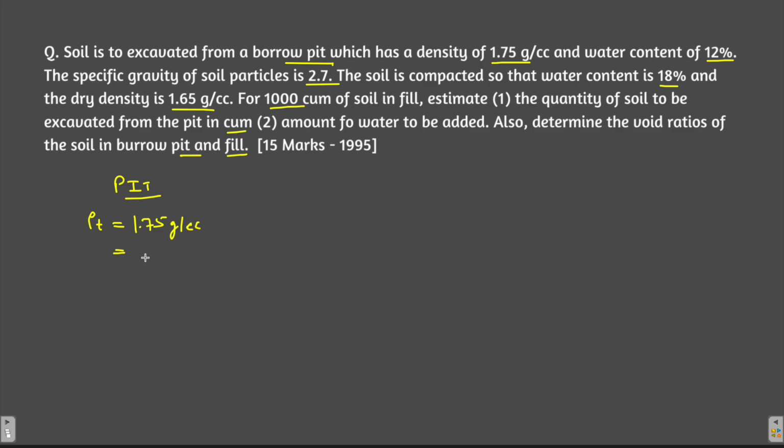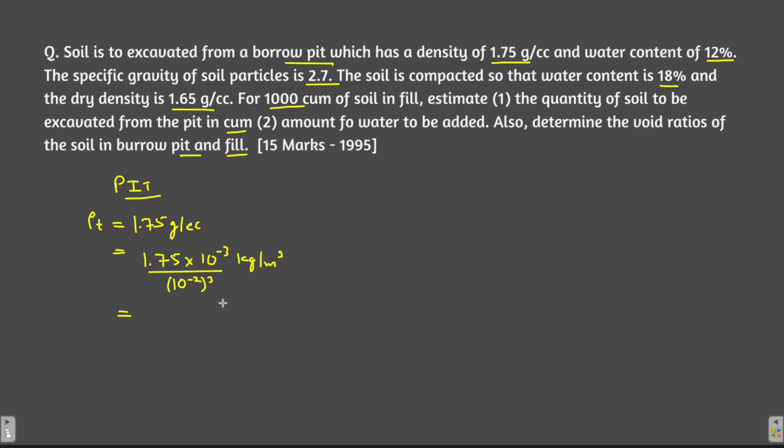So let's convert. 1.75 grams can be converted to kg by 10 to the power minus 3, right? And centimeter cube you want to convert to meter cube, so centimeter to meter is 10 to the power minus 2, and it is a cube. I'm just showing you the derivation as well, for anyone having difficulty converting to kg per meter cube.